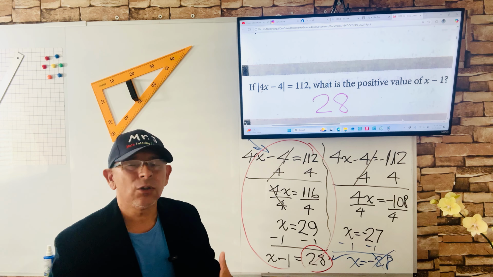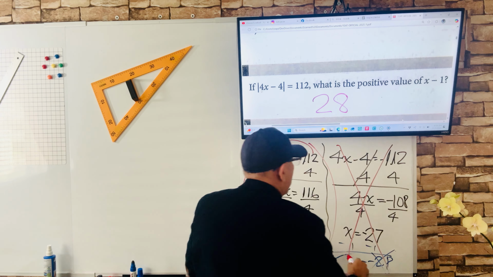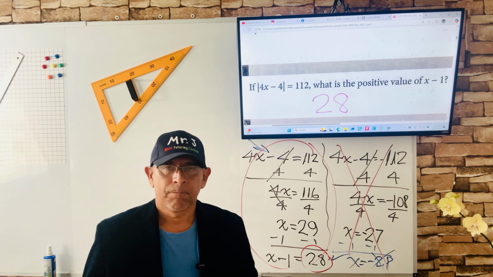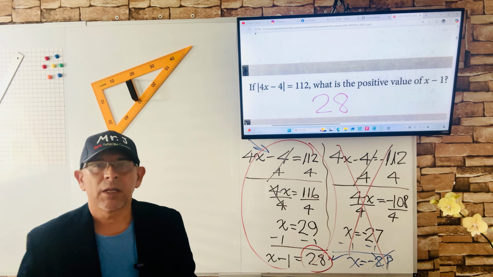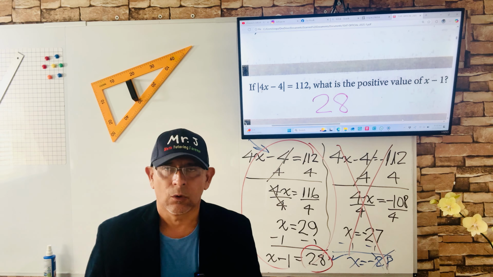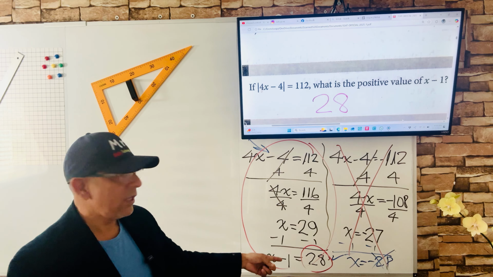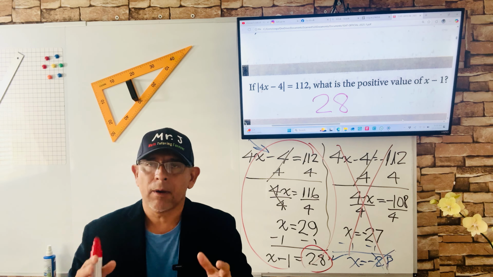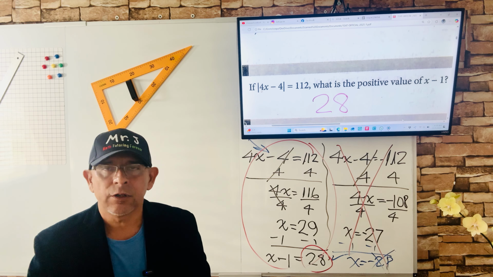I don't need to waste time doing this part in order to answer my question very fast. Remember, SAT is a limited time test. All right? So this is my answer, 28. I write it correctly on my paper, being very careful at the time to write your answer.